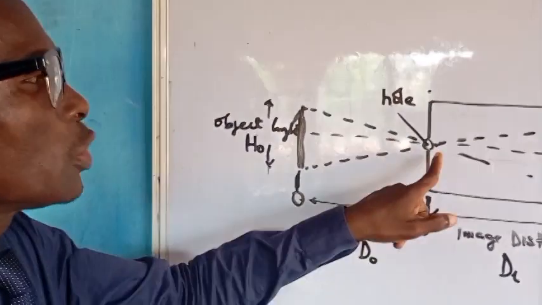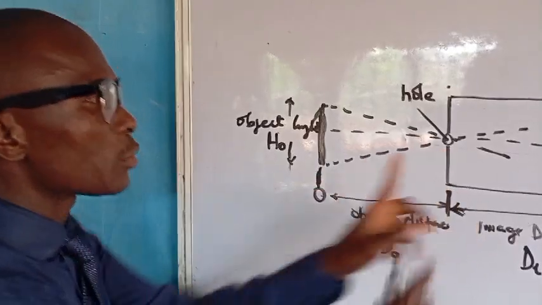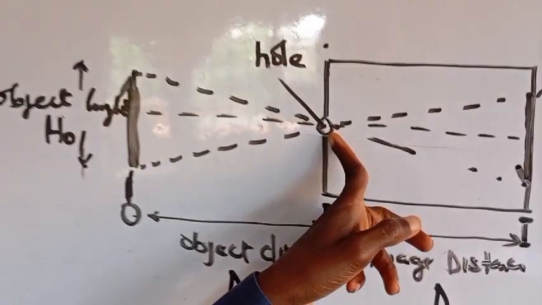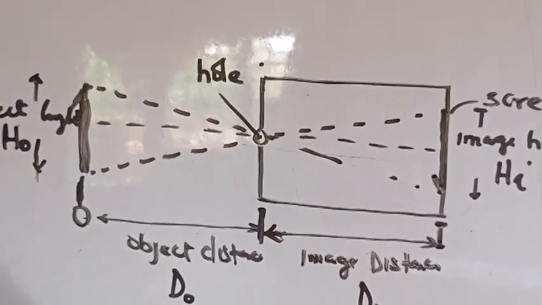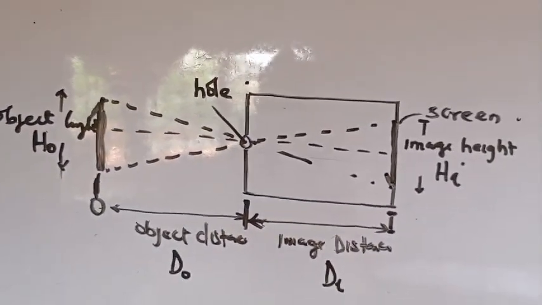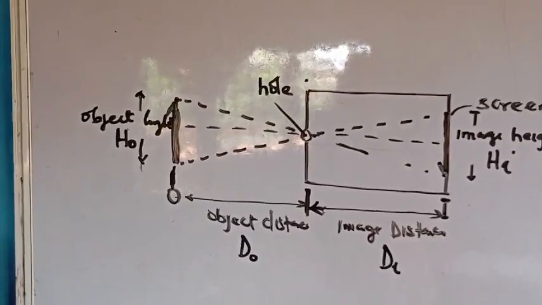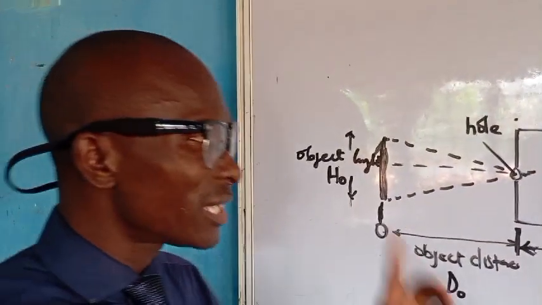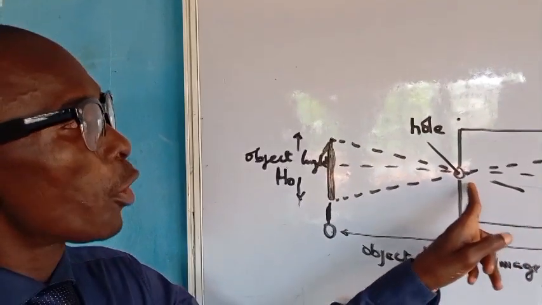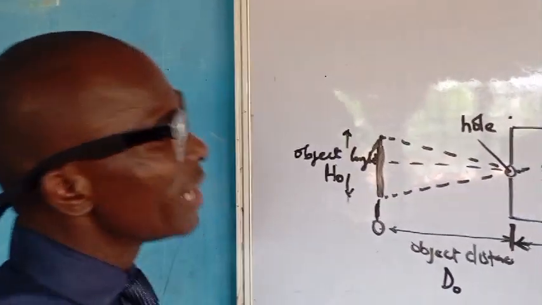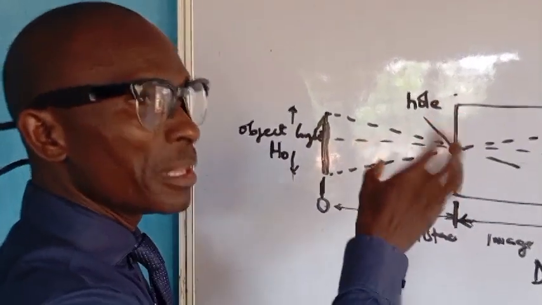But now, if the hole in the pinhole camera, as you can see, is enlarged, the image will be blurred, but brighter.